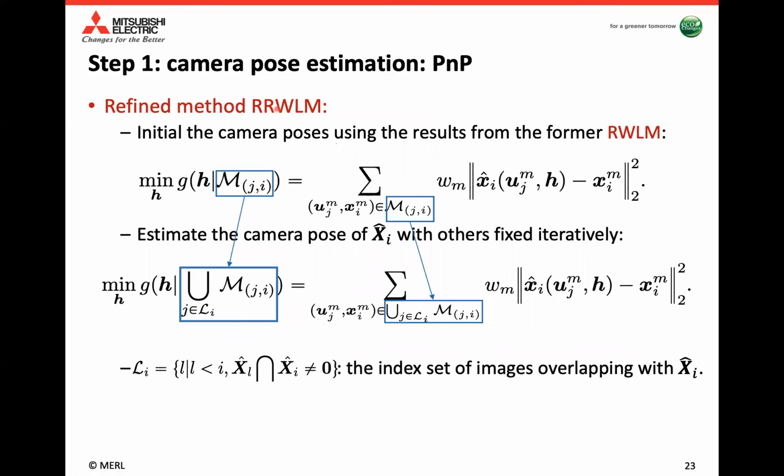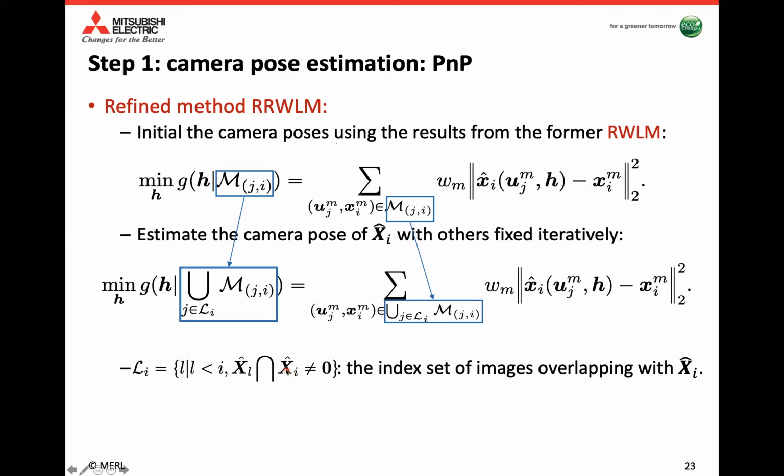In this method, the only difference is that we combine the bundle adjustment principle and use the feature points in all the images in this set. Li means the set of images that have overlap with our target image xi.